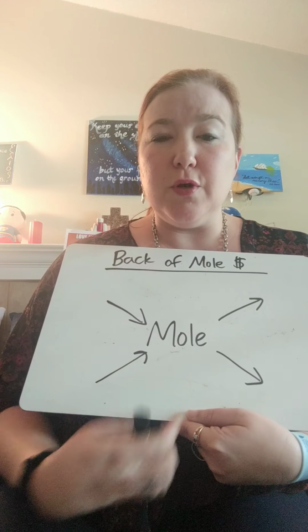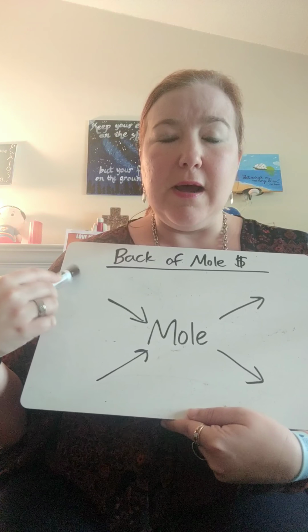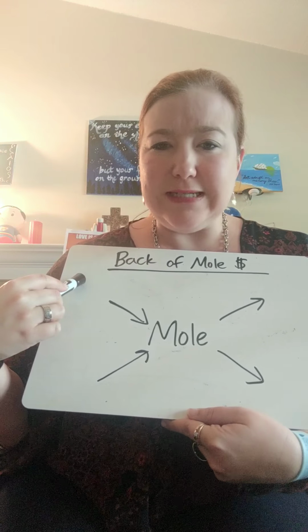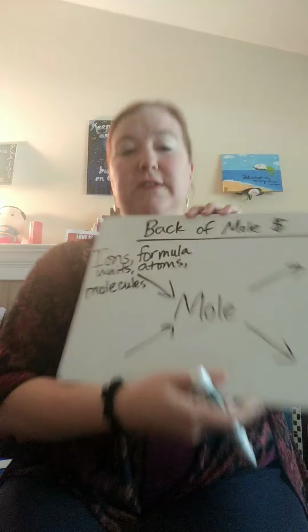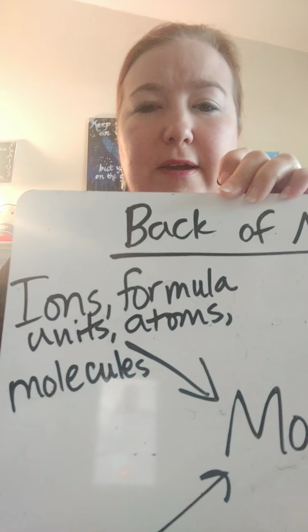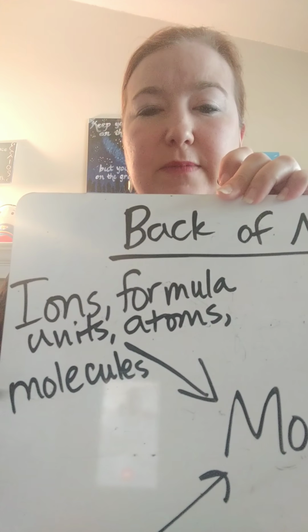So what we're going to do is learn how to go from something that's big that we can't see to something that's much smaller that we can see. So in the top left, you're going to put ions, formula units, atoms, and molecules.